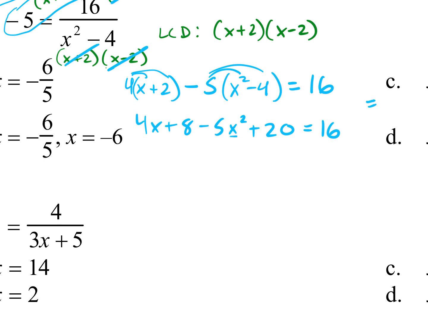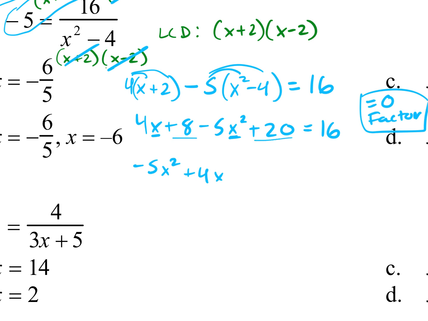If we have an x squared and an x, it's got to be equal to 0 because we have to factor. So let's combine our like terms and move everything to one side. So we have negative 5x squared plus 4x, and then 8 plus 20 would be 28, minus 16 would be 12.